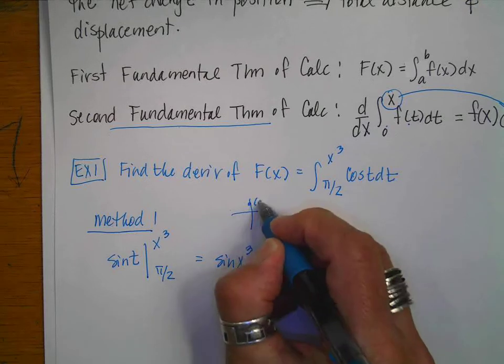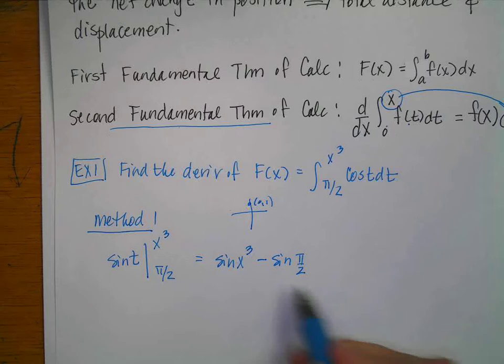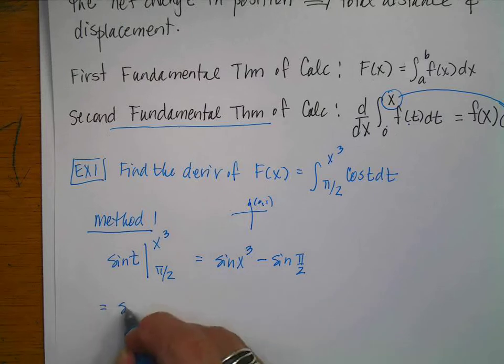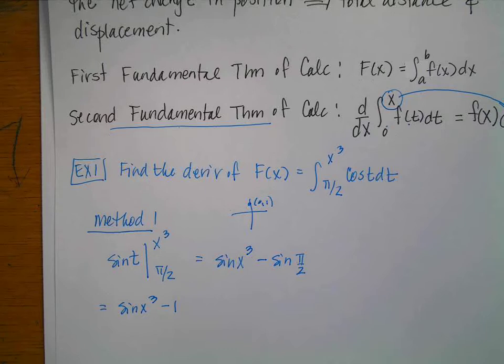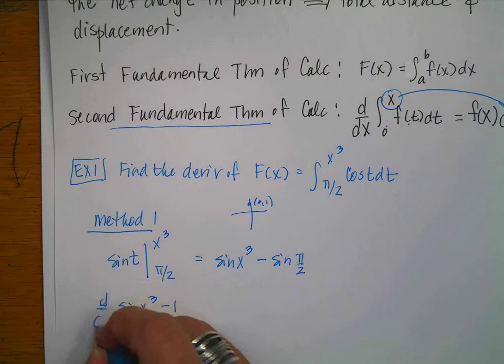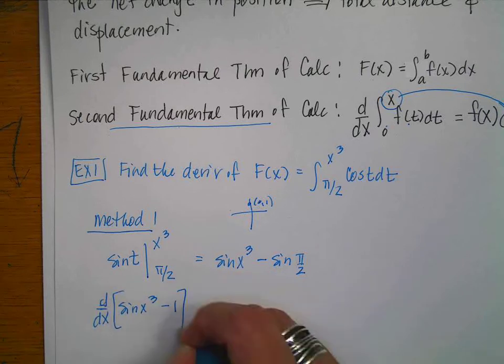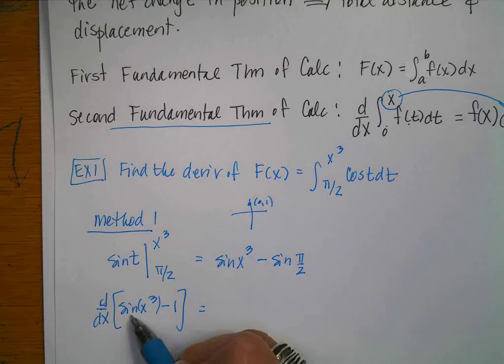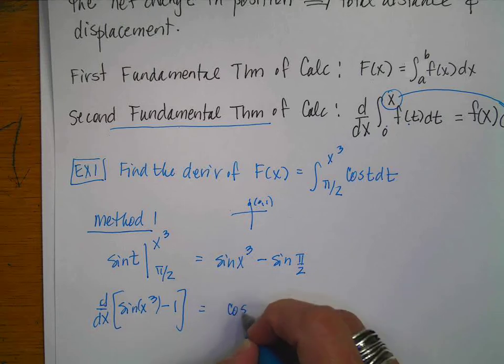Remember, pi over 2 is up here, and so it's going to be a 1. So this would be the sine of x cubed minus 1, okay? That would be if I had done this by hand. Sorry, that's my integral, but then I have to take the derivative. So now I'm going to do the derivative of this, and this is the chain rule: the derivative of sine is cosine.